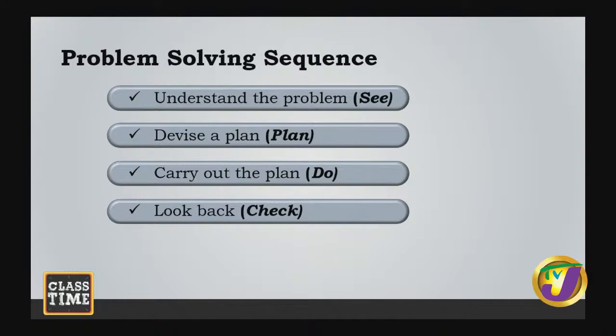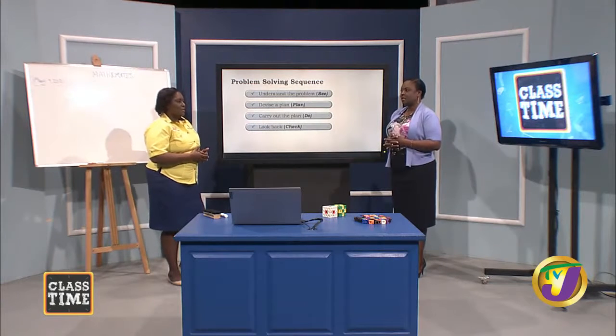We have to understand the problem, see what the problem is talking about. We have to devise a plan, know what to do to solve the problem. We have to action that plan. And then look back to see if the problem that we set out to solve in the first place was actually solved. So you don't just get a problem and then start solving. We try to follow the sequence.